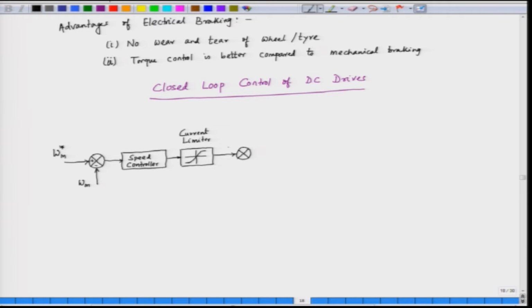So, the reference armature current, we show it as I A star, that is plus, and we have a current controller as well. So, we feed back the armature current, and we have another controller here, that is the current controller.